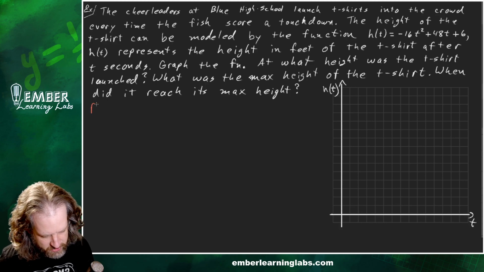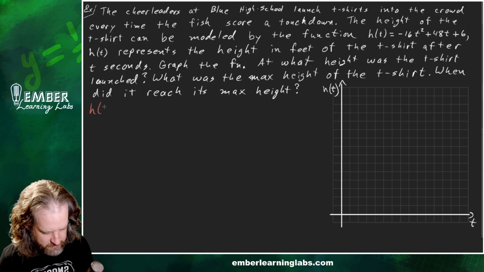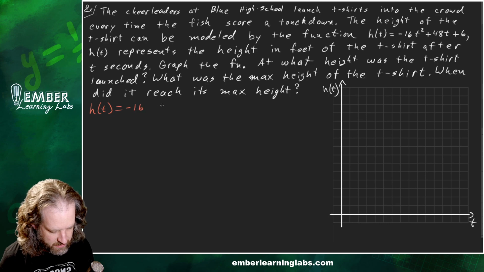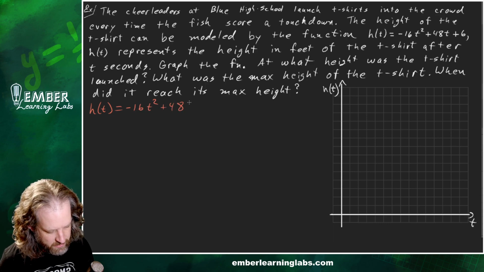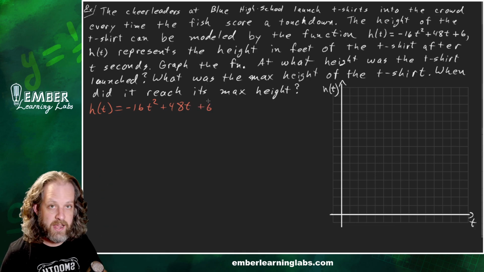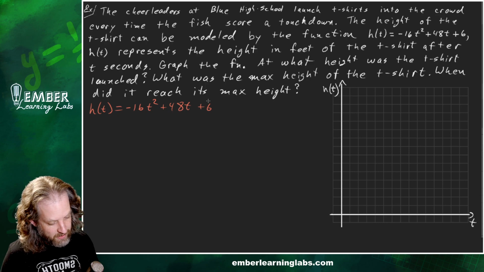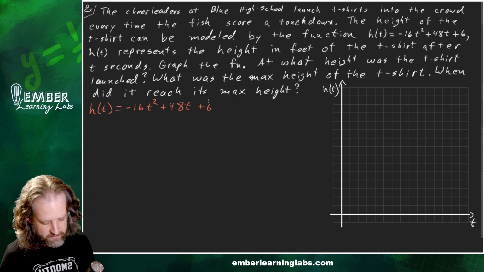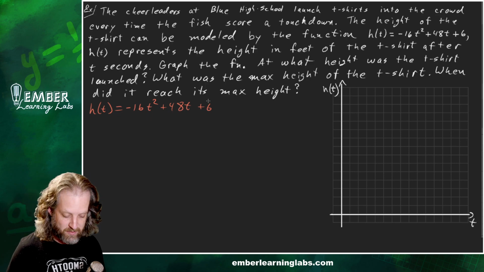For h of t equals negative 16 t squared plus 48 t plus 6, right? So we can actually answer one of those questions. Well, let's not put the cart before the horse.